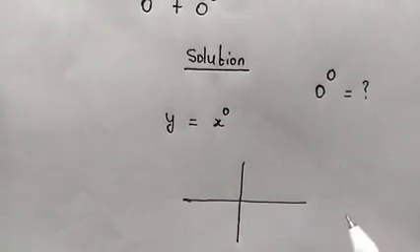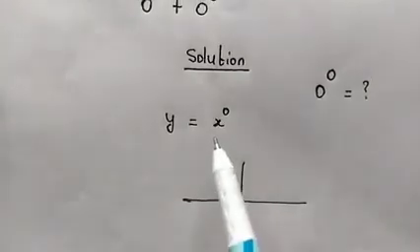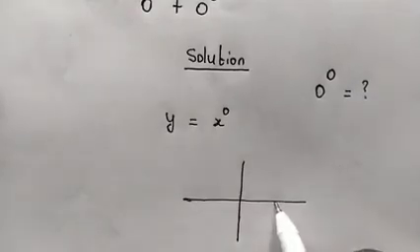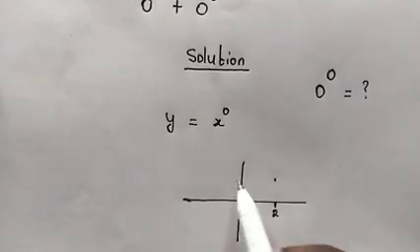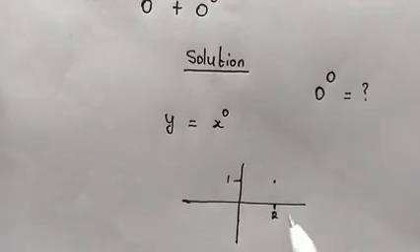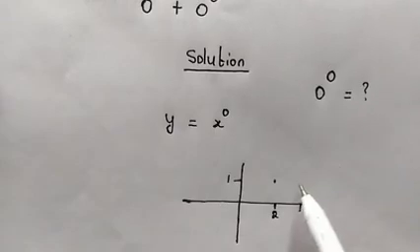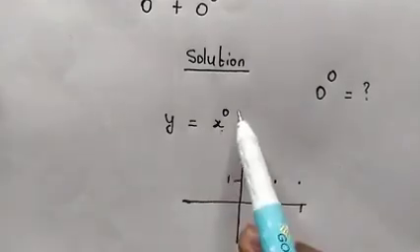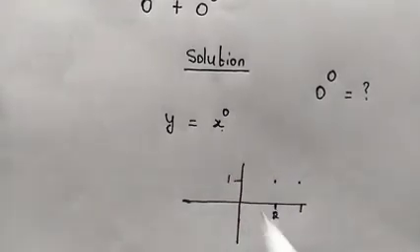Now, when x is equal to 2, the corresponding value for y is going to be 1. When x is equal to 3, the corresponding value for y is going to be 1 as well, because 3 to the power of 0 is 1 and 2 to the power of 0 is 1.